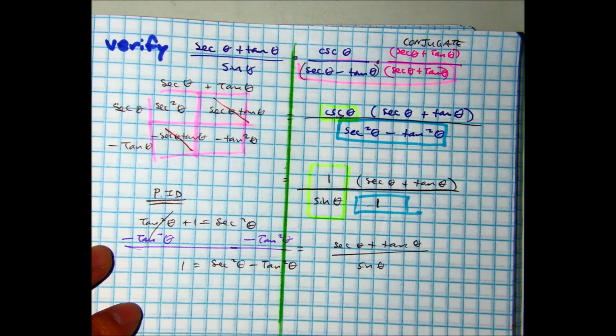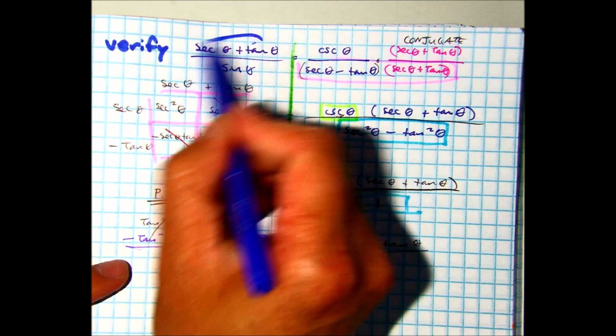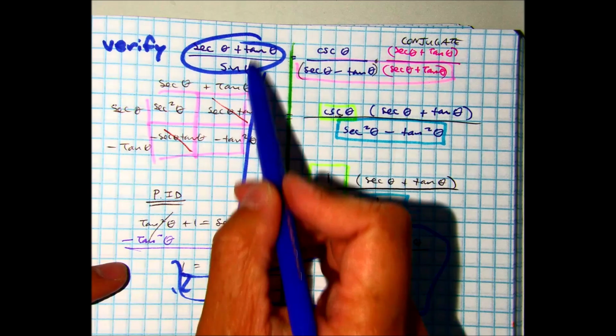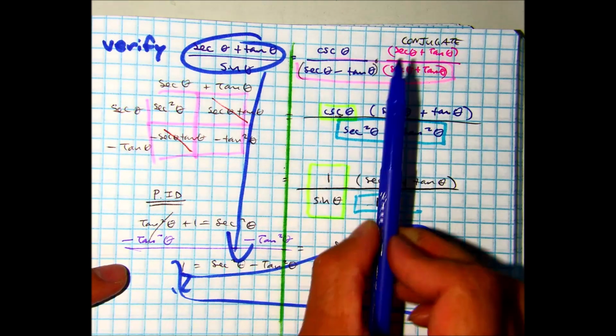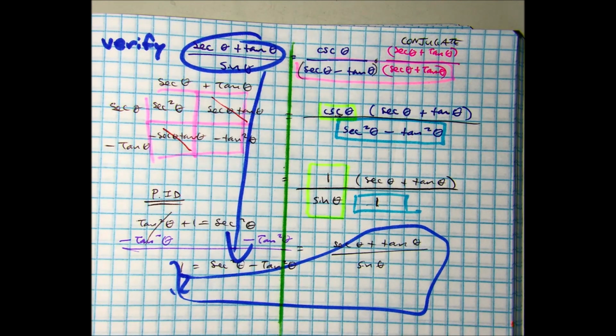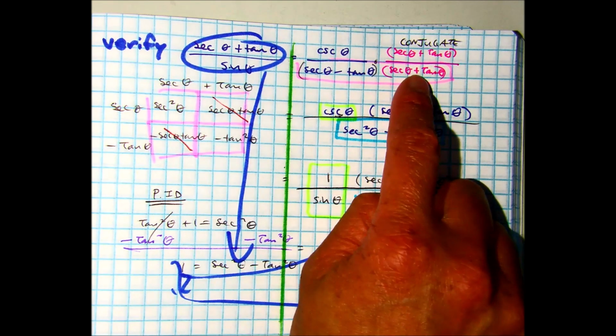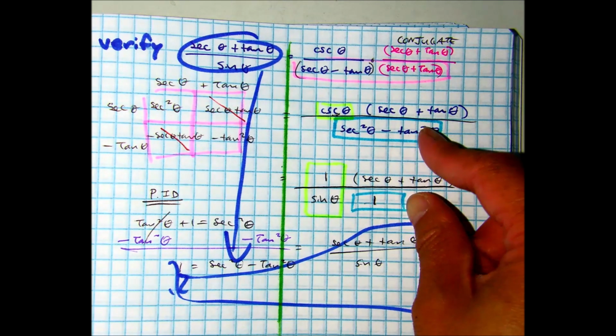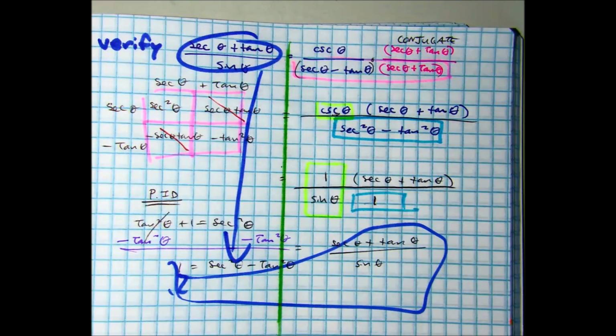Kind of made it messy. We did our side work over here. So basically it's an identity because we worked on the right hand side to make it look like the left hand side. In this problem I had to multiply by the conjugate, use a reciprocal and a Pythagorean identity, and we verified it.